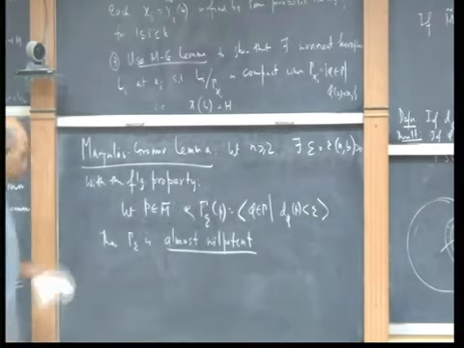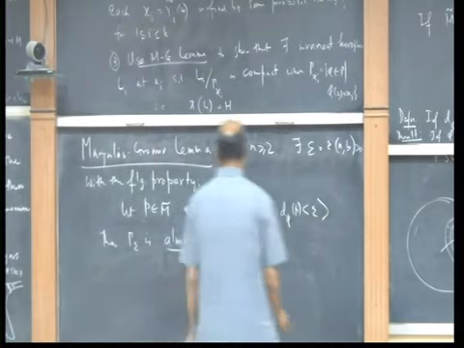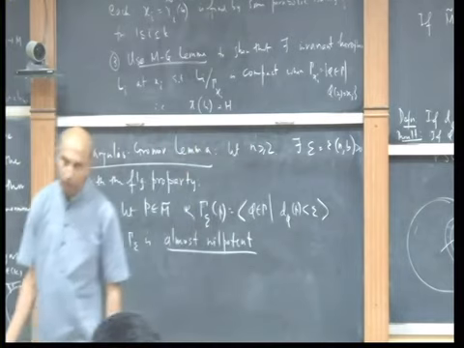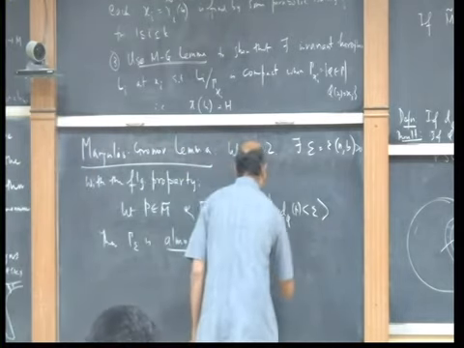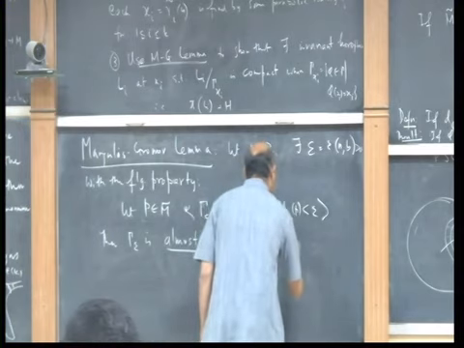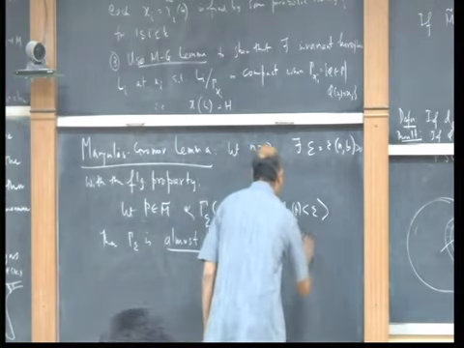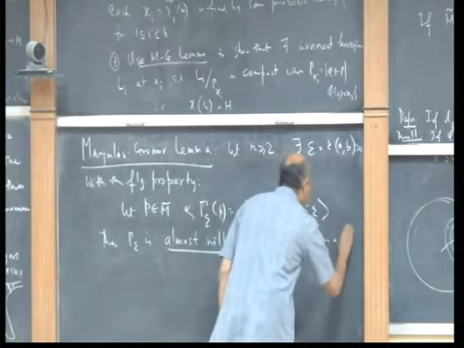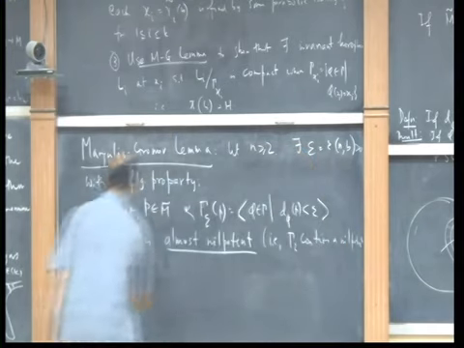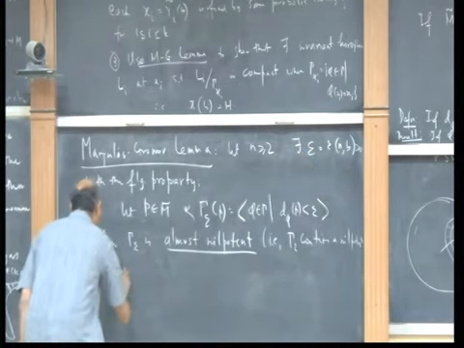What do I mean by almost nilpotent? It contains a nilpotent subgroup of finite index.